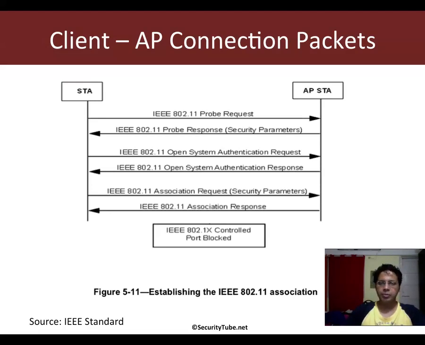Anyway, let's keep it simple now. Auth request, auth response. Then the client sends out an association request. The access point replies back with an association response. Post that, data transfer happens. Now, other cases which we will look at later, we'll talk about 802.1X as well, but let's not worry about it for the time being.